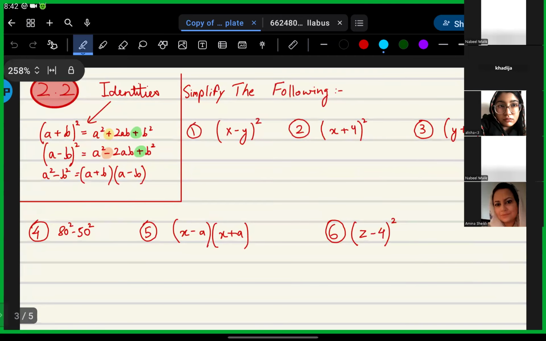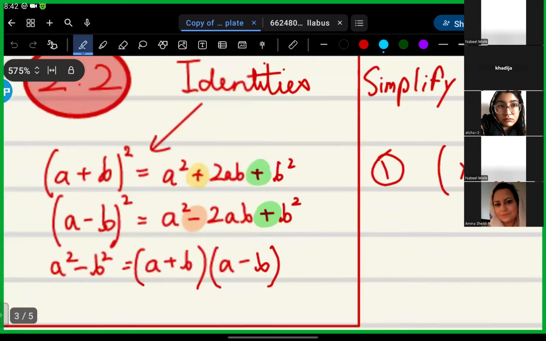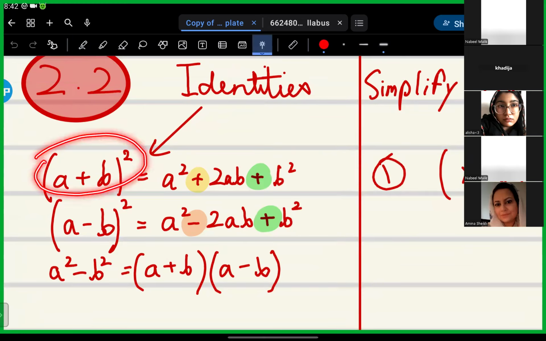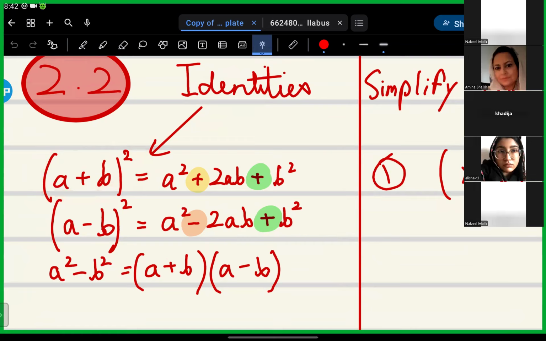These are the identities that you should know. The first identity is a plus b whole square. You should know the expansion of it: a plus b whole square is equal to a square plus 2ab plus b square. But what happens if there is a minus in between?